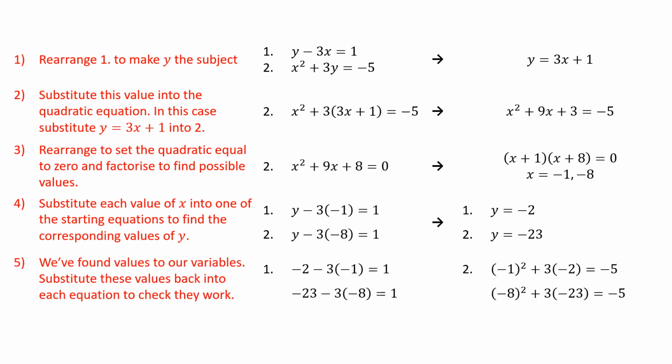And now we're just going to double check that these actually work. So our solution pairs are -1 and -2, and -8 and -23. I'm just going to briefly skip over this, but you can check for yourself that this does, in fact, work out correctly for every solution and every equation. So those solutions are fine.